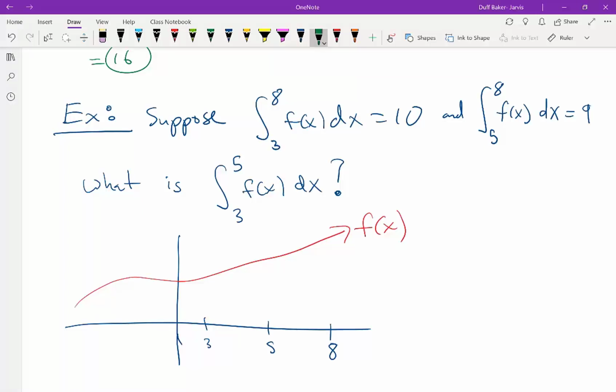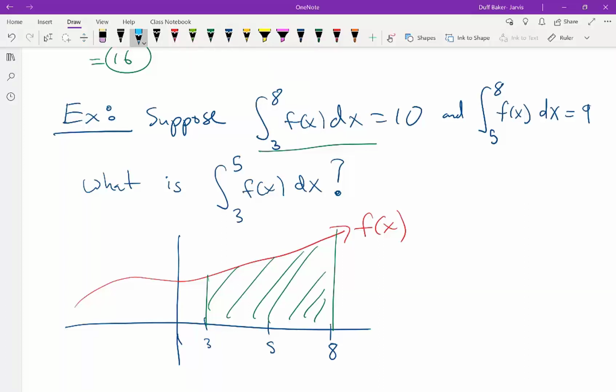And this first one, this integral from 3 to 8, that's telling us this area. And then if we look at the second one, that's telling us about this area. Or no, it's not. It's telling us the other one. It's telling us this one.